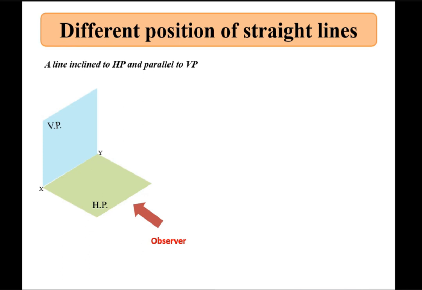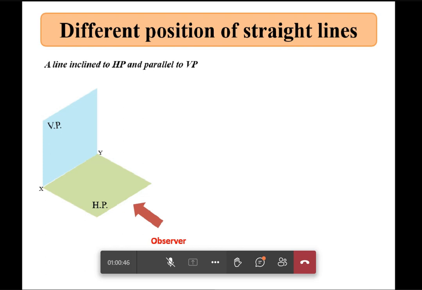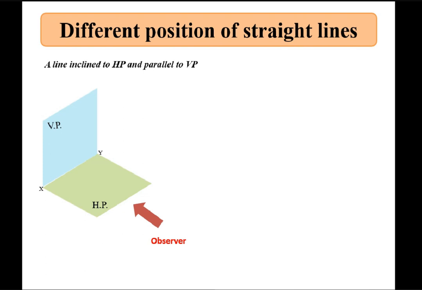Yes, okay, sir. So let us now proceed with the case when a straight line is inclined to HP and parallel to VP. Now, students, can you tell me one thing? Just from this statement, we can have one conclusion. The true length will be on which plane? VP, vertical plane. Very good.